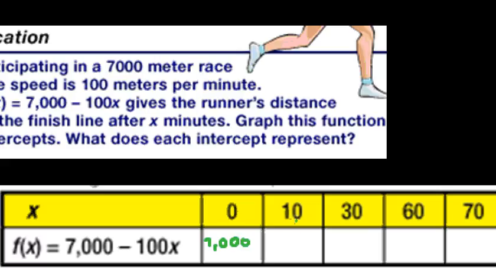So let's move on. x is 10, so f of 10, well, that's 100 times 10, which is 1,000. So 7,000 minus 1,000 equals 6,000.